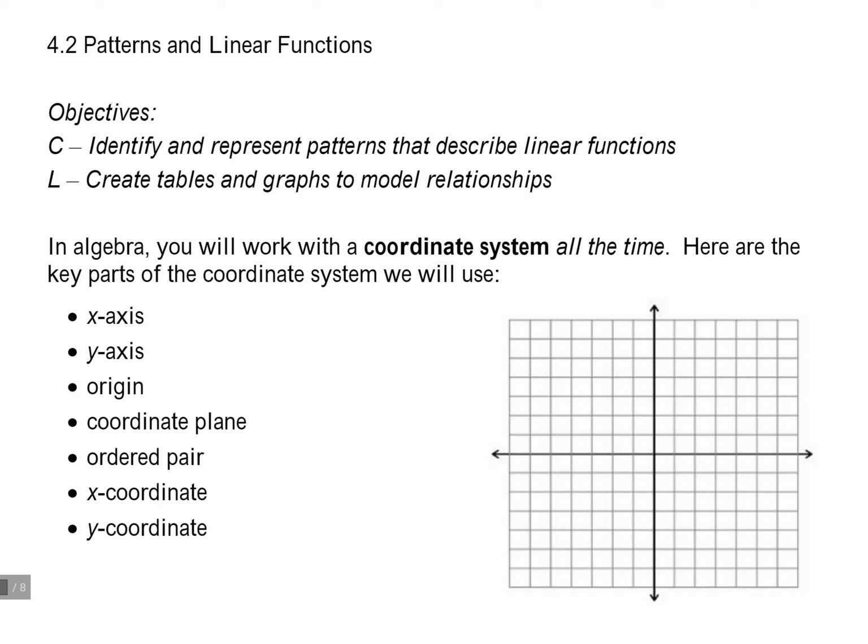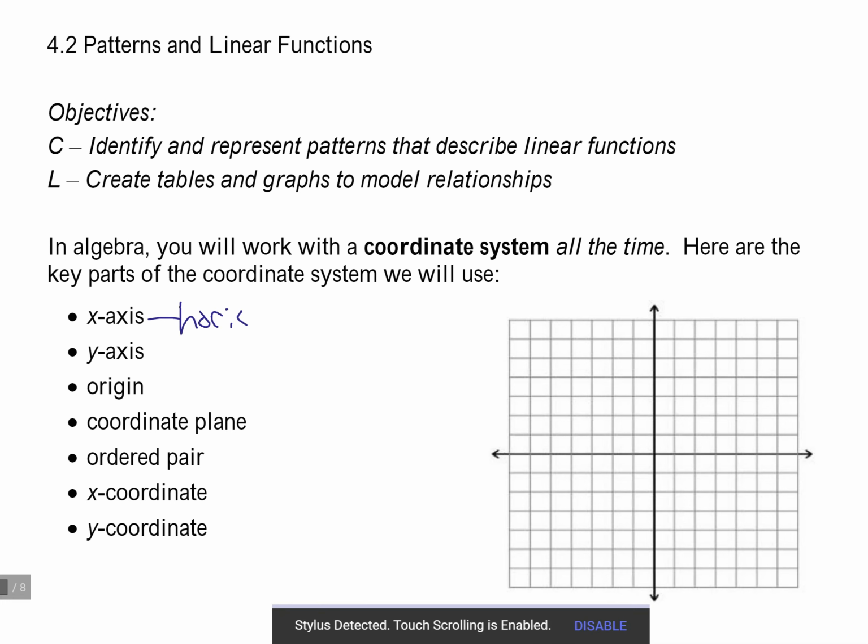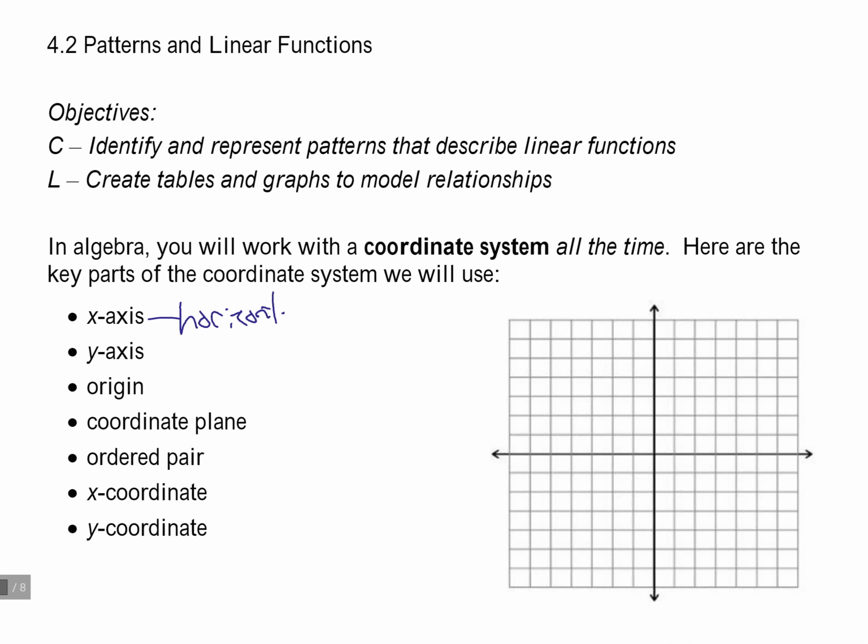So the x-axis is the horizontal axis. Let's see if I can get my pen to draw. There we go. Okay, now the x-axis is the bold horizontal axis, and there's a positive direction and a negative direction. The positive direction for us most of the time is going to be to the right.